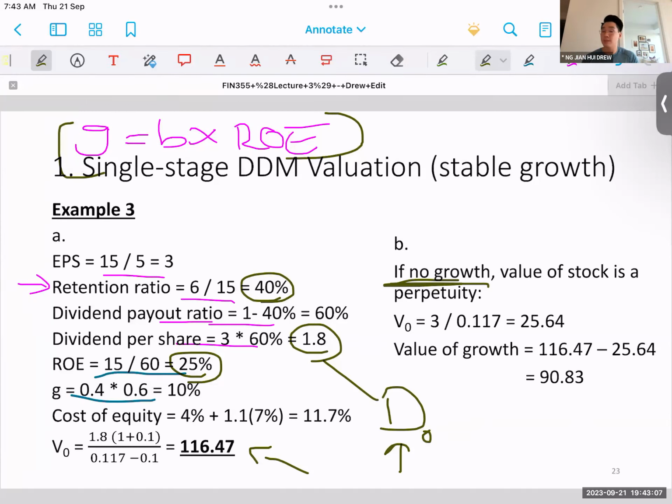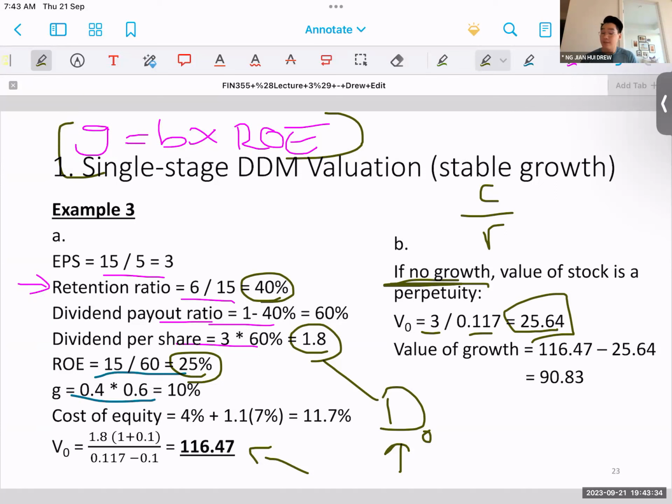Perpetuity means no growth. So we take the 3 divided by what we calculated as the return on equity. So C divided by R, 3 divided by 11.7%, and we get this for the value of a no growth stock.